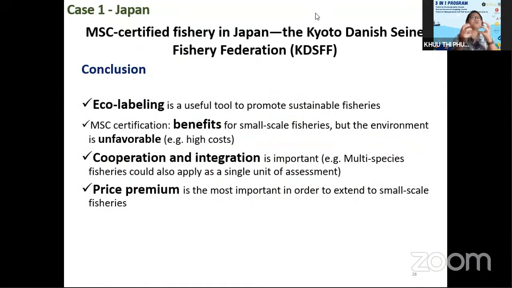And for the conclusion of this case, even though we can get benefits for MSC, for small scale the environment is unfavorable because it's very high cost. Cooperation and interaction are most important, and price premium is the most important in order to expand to small-scale fisheries.